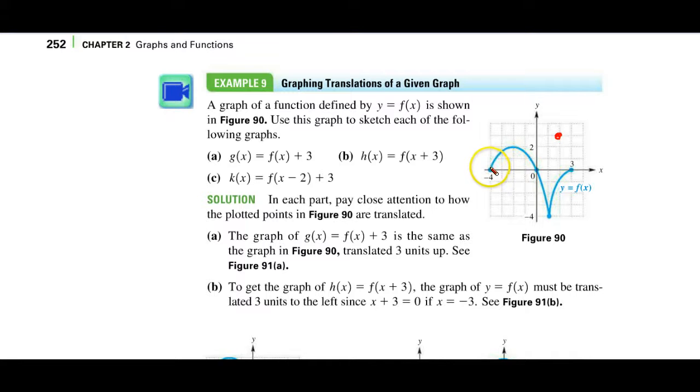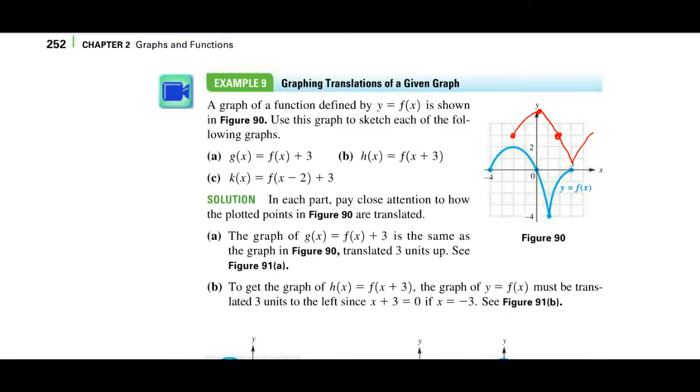And this one is going to be shifted 1, 2, and then 1, 2, 3. And this is going to be shifted over 2, and 1, 2, 3. And this one will look like this now. And I'm just not doing the other point. Okay, so this is what's going on here.